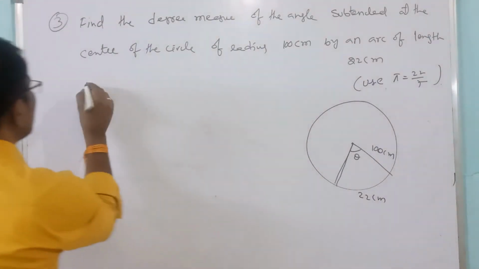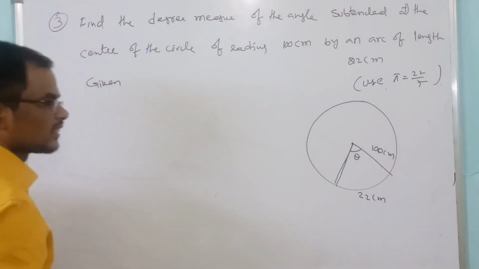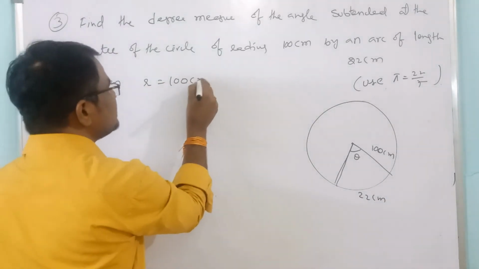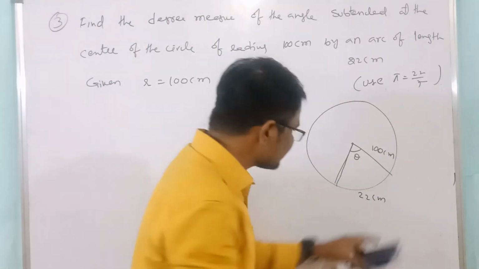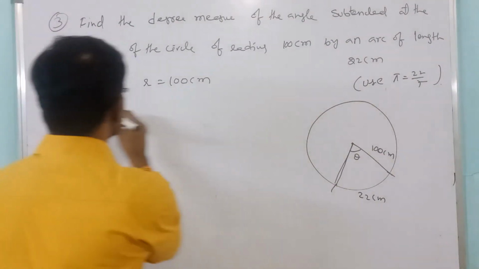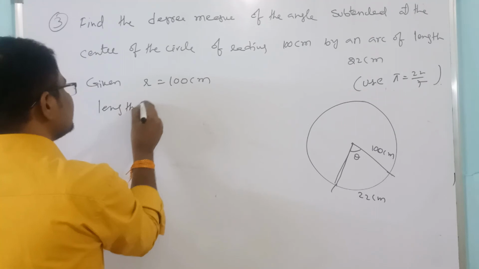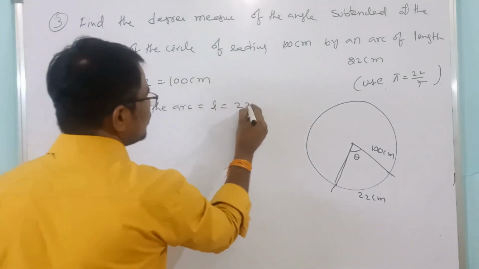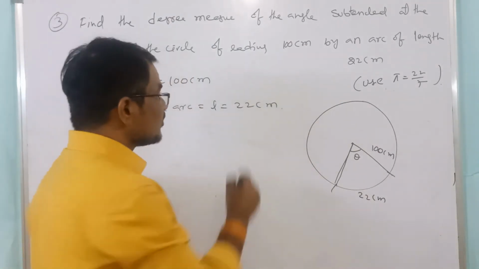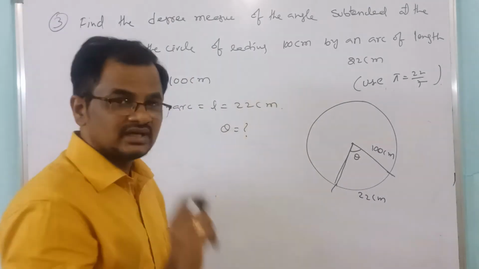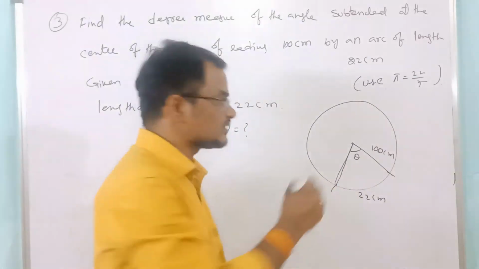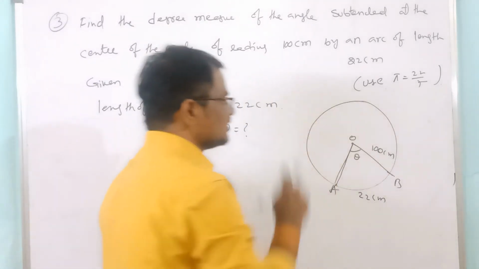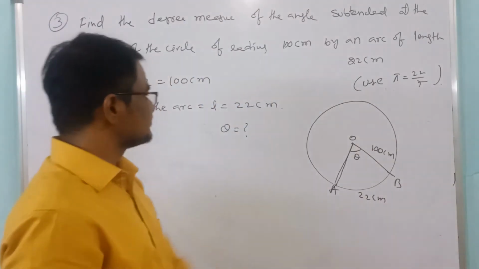In this one, radius r equal to 100 centimeters is given, and the length of the arc, from here to here, L equal to 22 centimeters is given. What are they asking? The angle subtended at the center of the circle. Suppose you take O here, A here, B, AB is given and the radius is given. So the angle subtended at the center of the circle is asked.